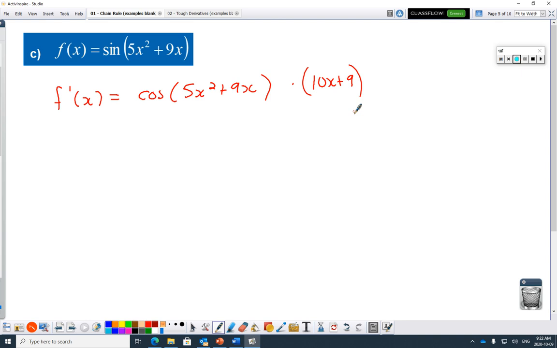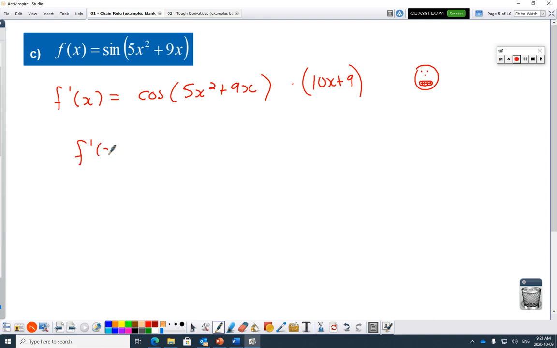Now I got to tell you, most people wouldn't write it like that once they get good at these. Here's what you'll do normally with sine and cos to avoid causing yourself trouble. It's almost exactly the same.